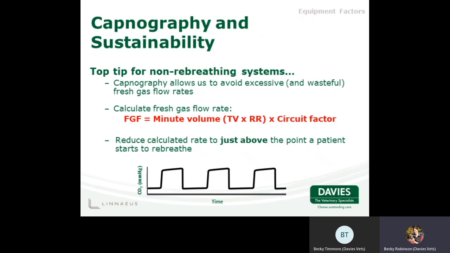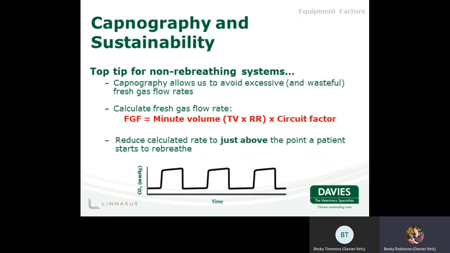And this will help minimize the amount of waste gases that we're producing. It will also allow us to conserve our resources, so our oxygen and volatile agents, and it can help minimize environmental and economic impacts that we have.